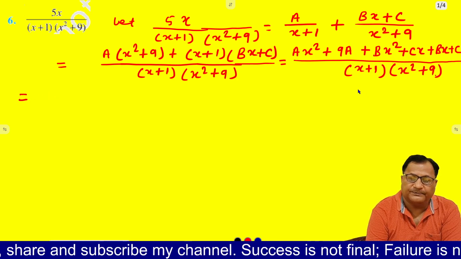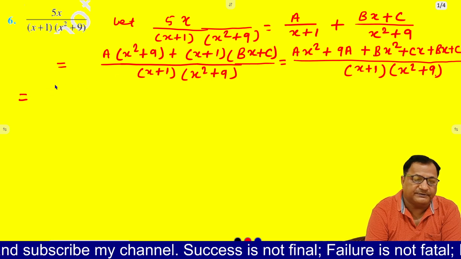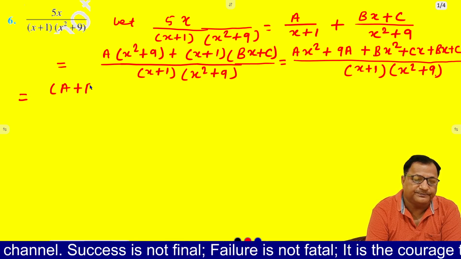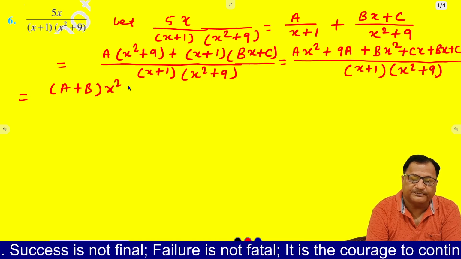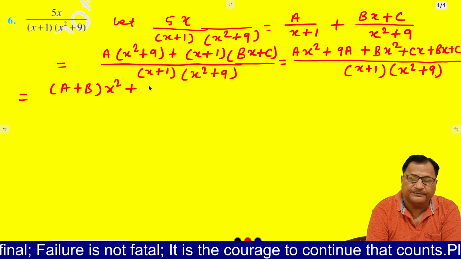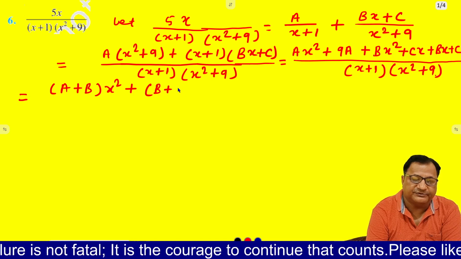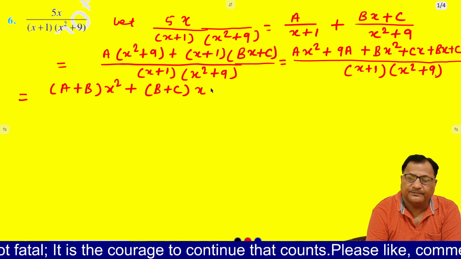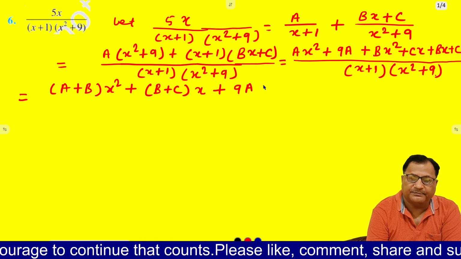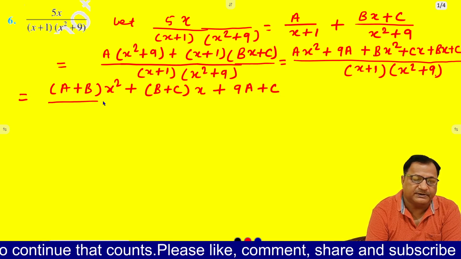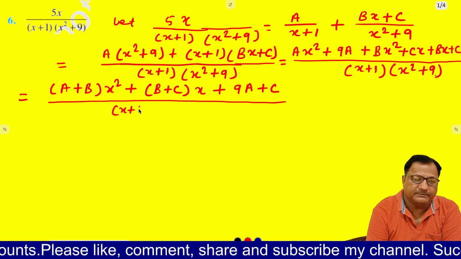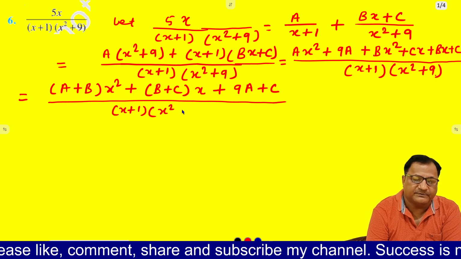Now we will take common x square, then it will be (A plus B) x square plus, if we take x common, (B plus C) x plus (9A plus C), divided by (x plus 1)(x square plus 9).